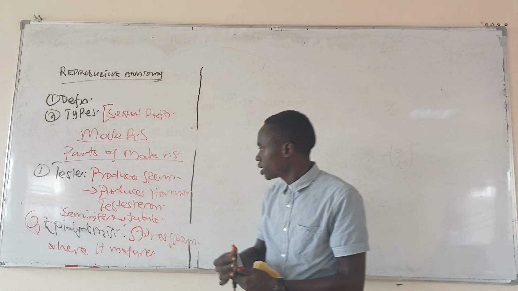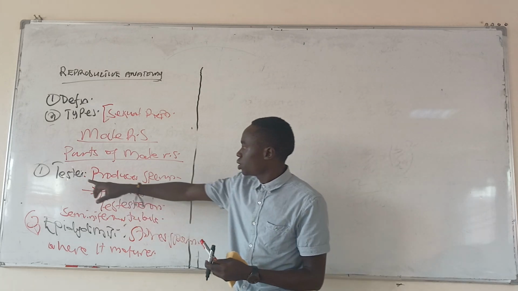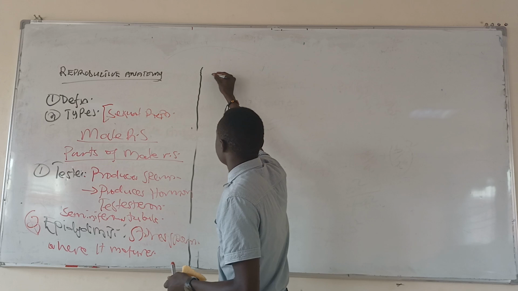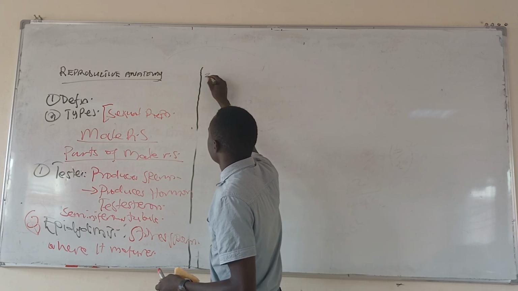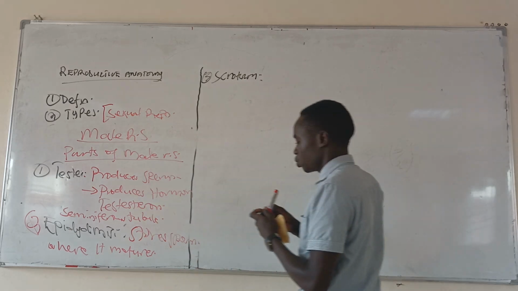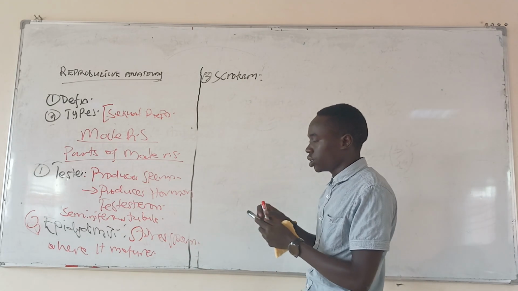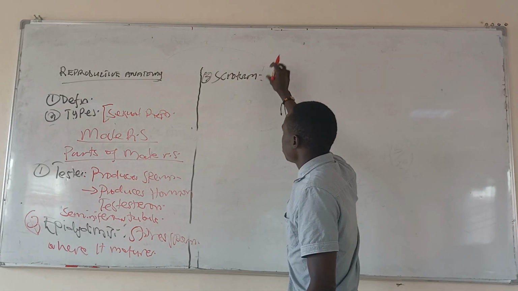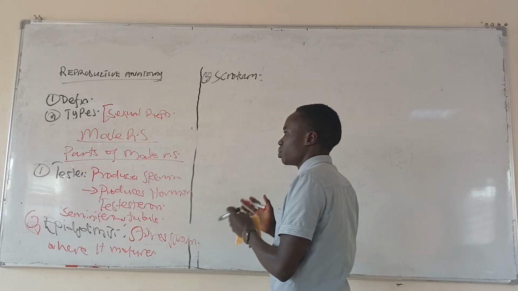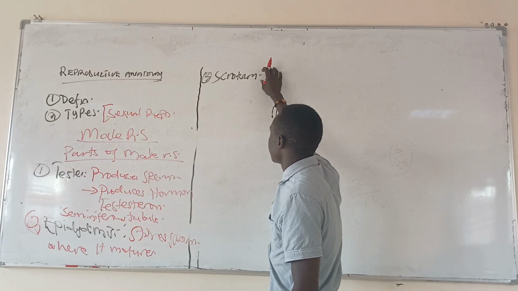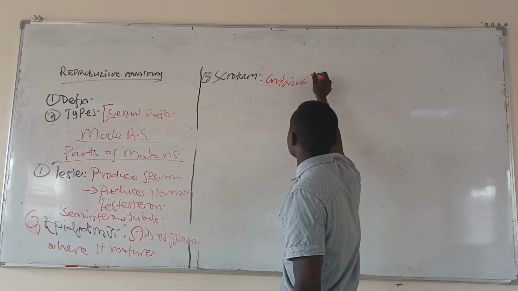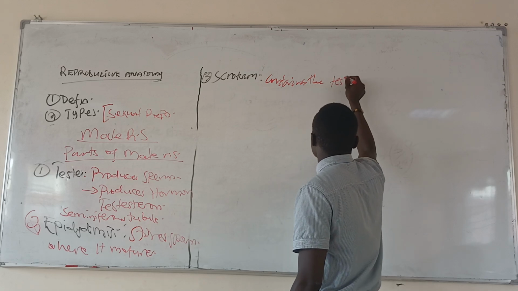What next do we get from the epididymis? The testis is covered in a sac called the scrotum. This scrotum is found outside the body. It contains the testis and the seminiferous tubule, and covers most of these structures. What is its function? One, it contains the testis.